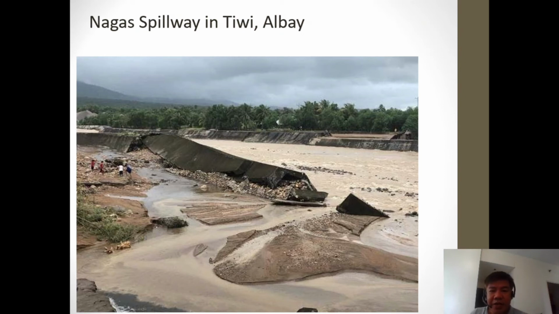So there's also another one. The spillway in Tiwi, Albay. If you can see, this part of the structure fails. So it could be the pressure underneath, and of course the foundation is fully saturated because of the water flowing in it during the flood event. That could be one of the problems.